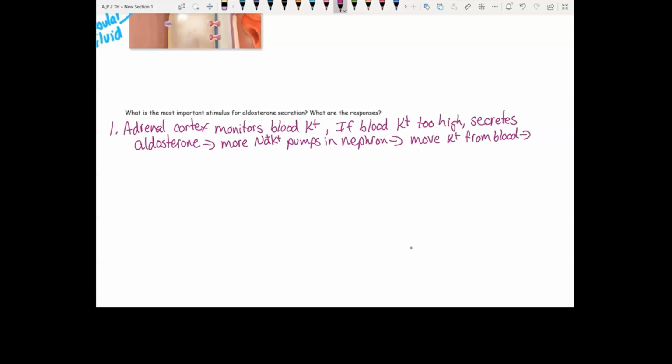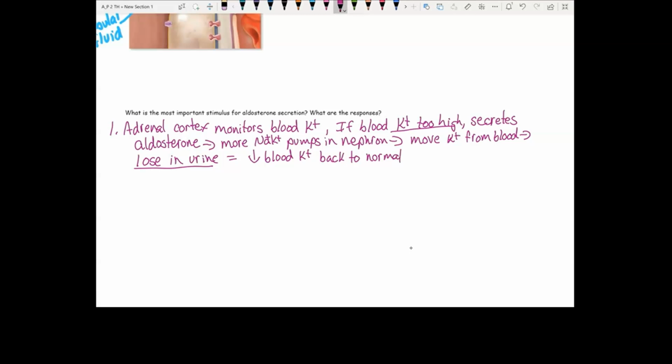And you will lose this potassium in the urine. And the result of this is you reduce your blood potassium. So you get back to homeostasis. The problem was that it was too high. You lose it in the urine. Now you reduce it back to normal.